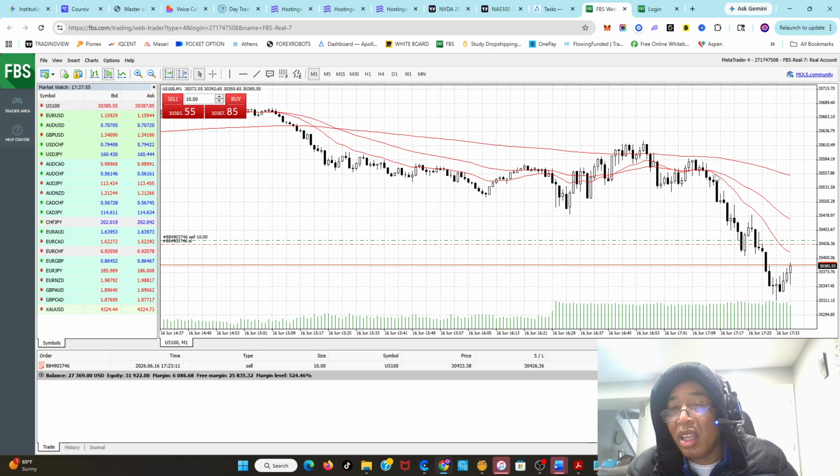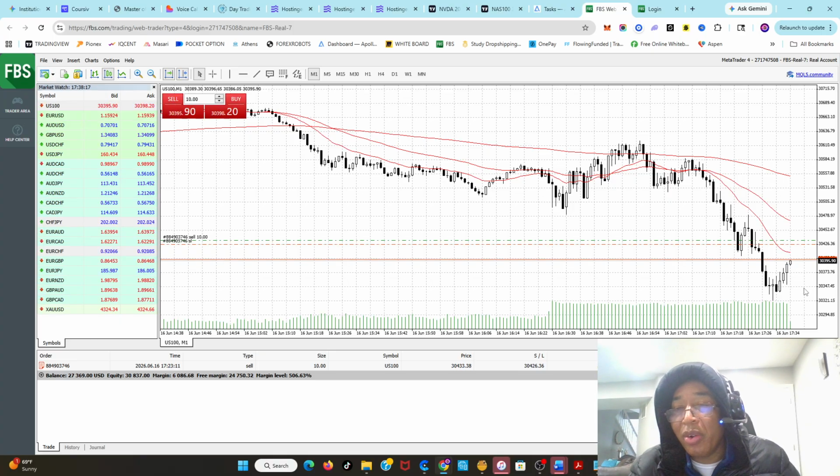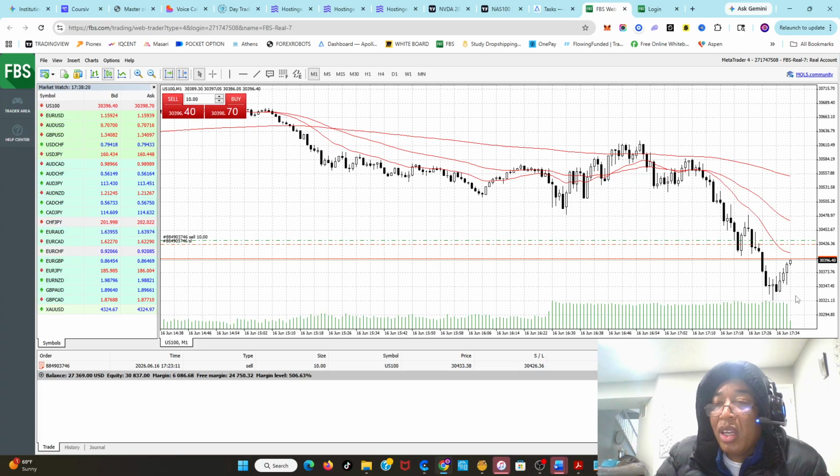Let's see the move. We're getting a pullback towards the moving averages. You can see this is totally bent, curving up. Okay, it's not pointing straight down anymore. It is bent.